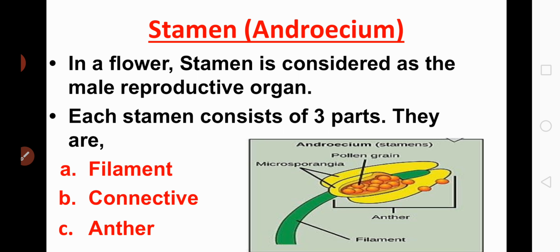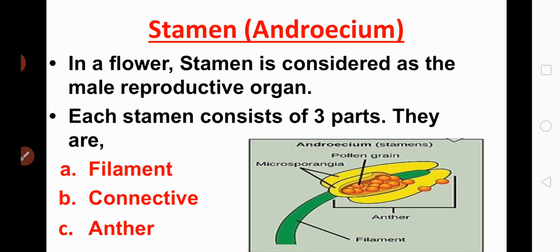Now coming to the reproductive organs. In a flower there are 2 types of reproductive organs. One is the stamen, also called the male reproductive organ, and the second is the carpel or pistil. The stamen is also called androecium.